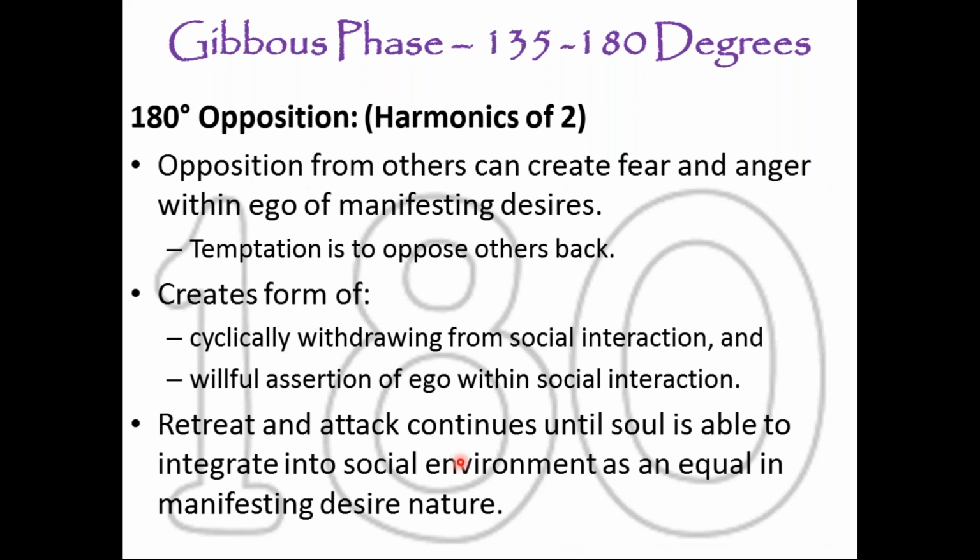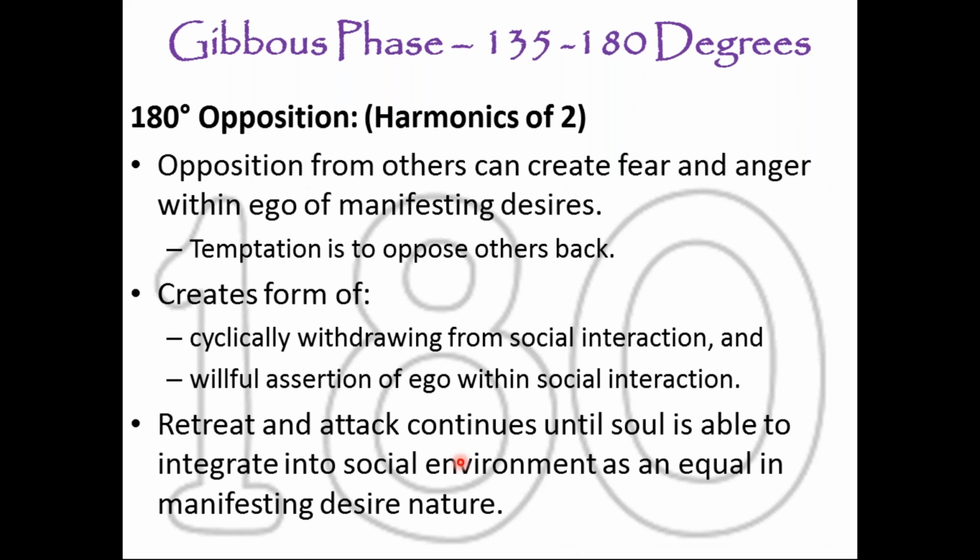Pluto via Mars, opposition. It also creates the cycles where, again, then we attempt to go for it. I cannot sit on these desires anymore. I have got to express them. In the case of the previous chart's example with a fourth house Leo, they've got to express their emotions out into the world.